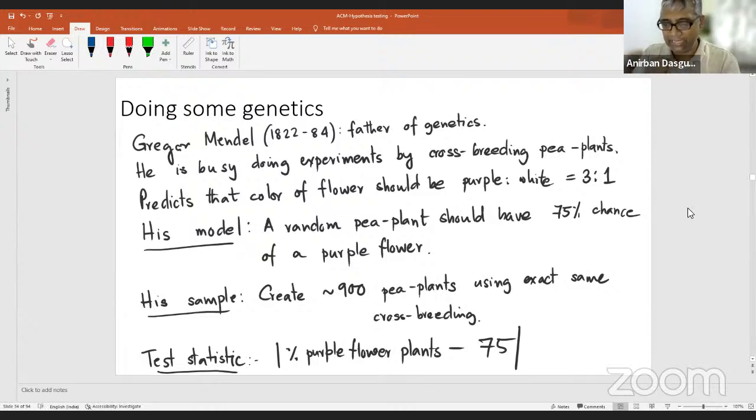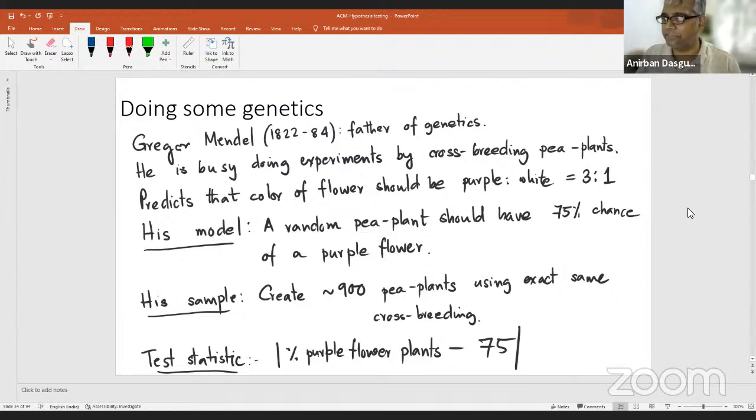At that second generation, he's looking at the statistics of the color of the flower of the pea plant. Because each of these had 3 purple grandparents and 1 white grandparent, each of these second generation pea plants should have a 75% chance of having a purple flower.